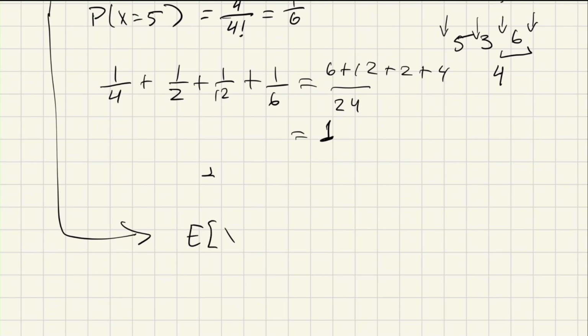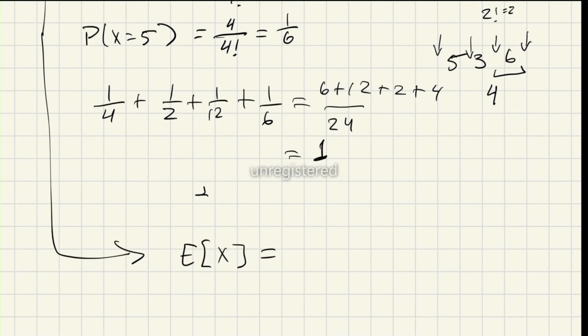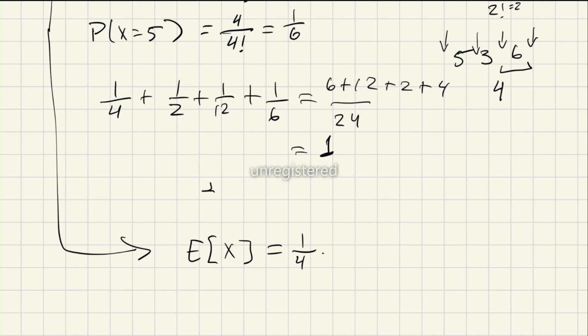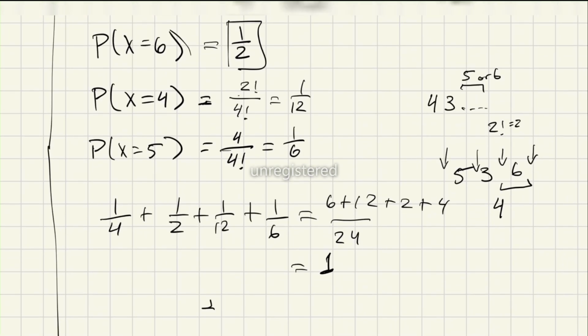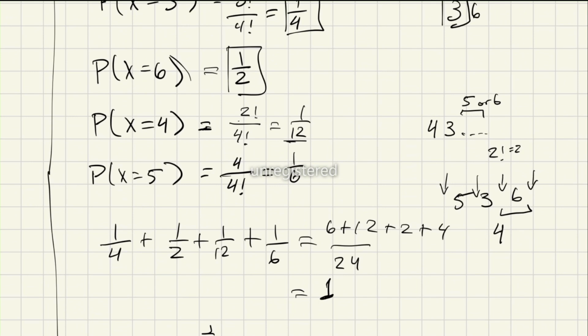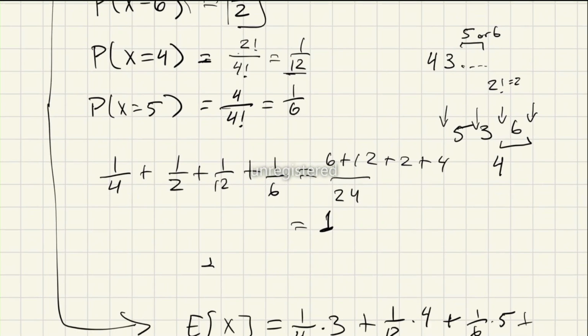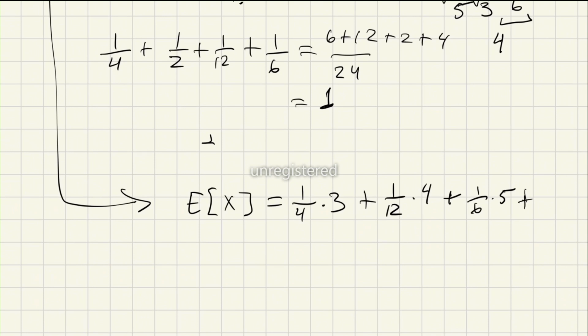The expected value of x is 1/4 times 3, plus 1/12 times 4, plus 5 times 1/6, and finally 6 times 1/2.